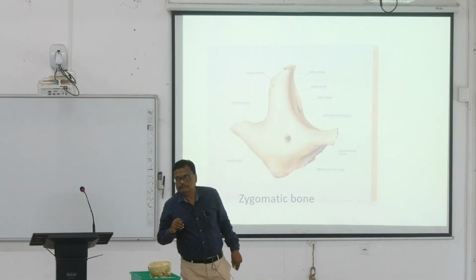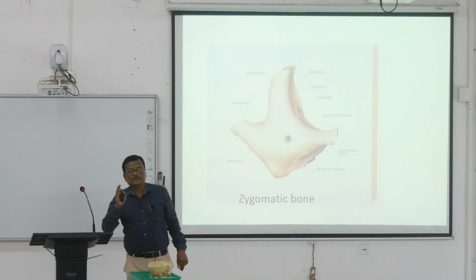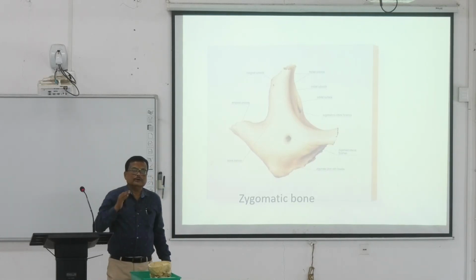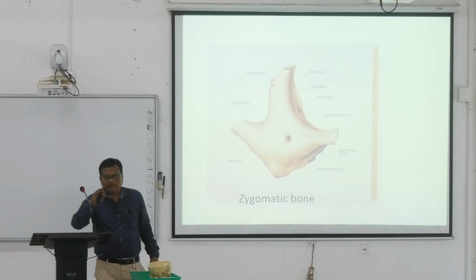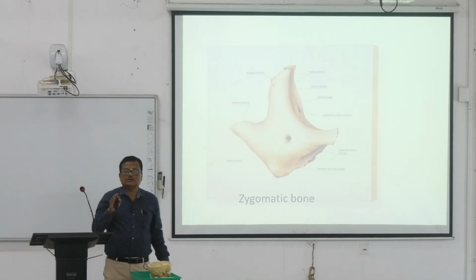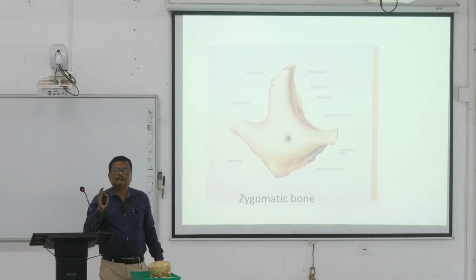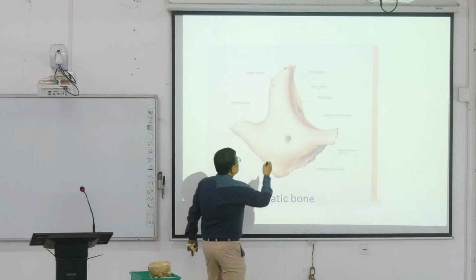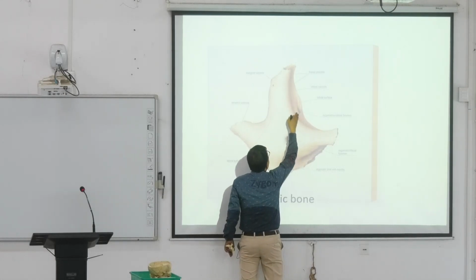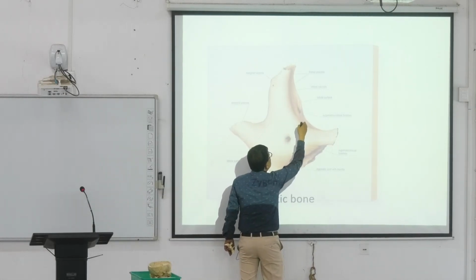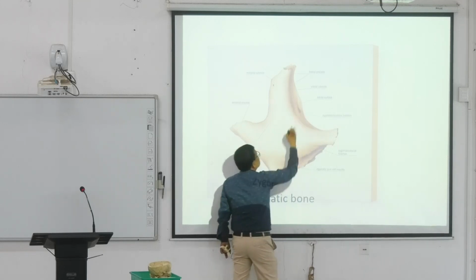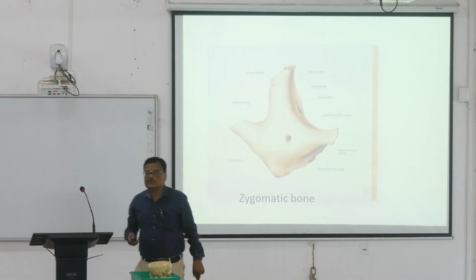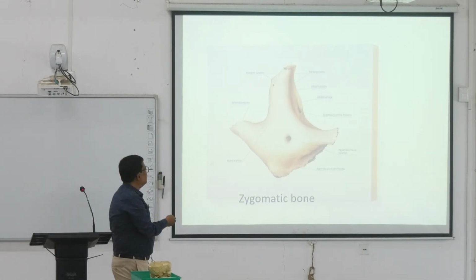So the zygomatic bone is a very important bone situated here and takes part in many surfaces of the boundary of the orbit. So we know this bone. Especially concentrate on this flat surface, where two foramens are present, the zygomaticofacial and zygomaticotemporal foramen.